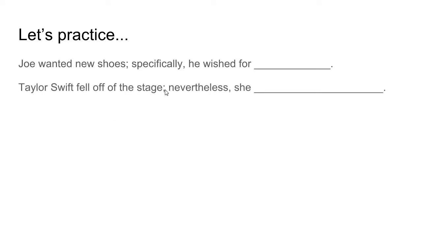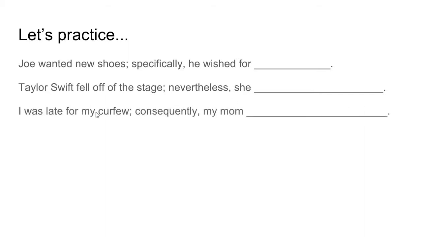Taylor Swift fell off the stage, semicolon, conjunctive adverb, comma, she blank. Now instead of just one word, we have to finish the sentence. She is our subject, so I need a verb. So Taylor Swift fell off the stage; nevertheless, she kept on singing. I was late for my curfew, semicolon.